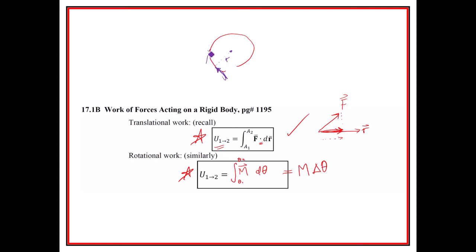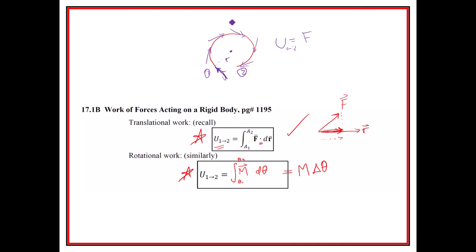If we take that force and look at it as it passes through various points, let's say this is 1 and this is 2, we could say that the work was that force times that distance, which turns out to be an arc.